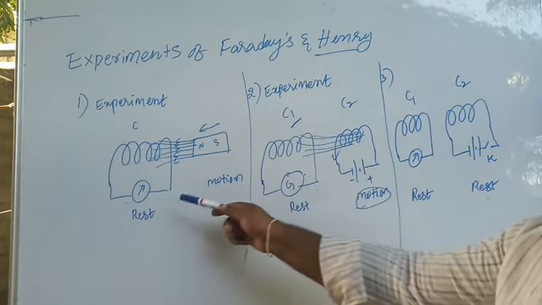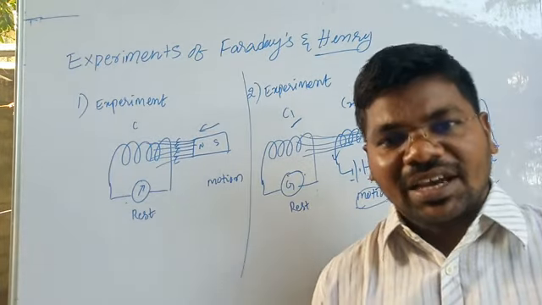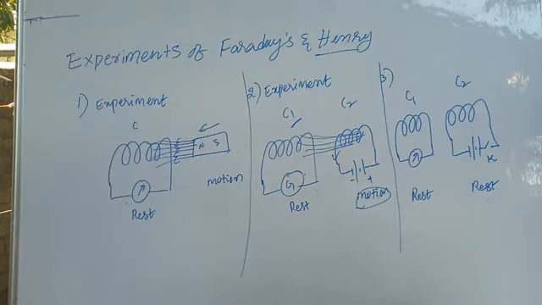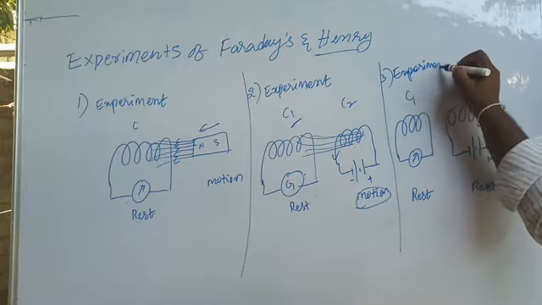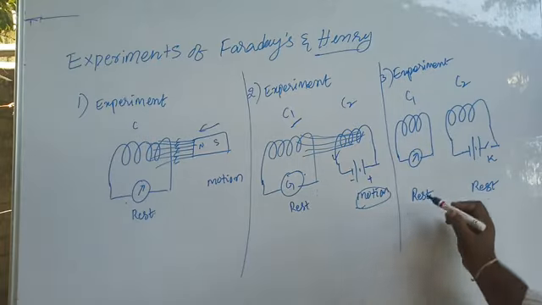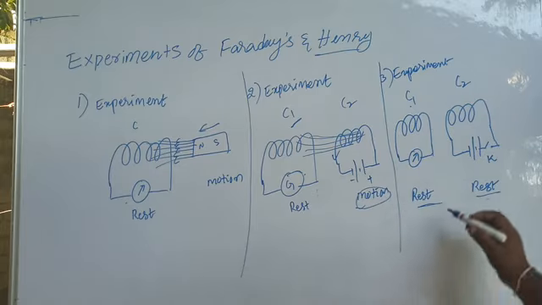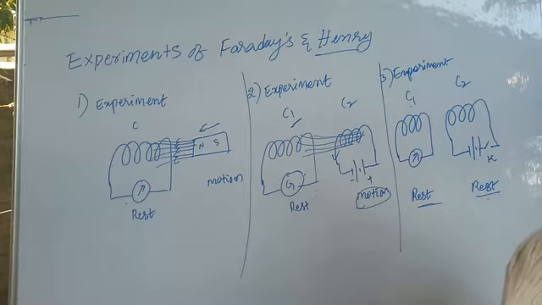In previous experiments 1 and 2, either the coil or the magnet was in motion. Here in the third experiment, coil 1 and coil 2 are both at rest, and we arrange one key. If the key is closed, the switch is on or off continuously.